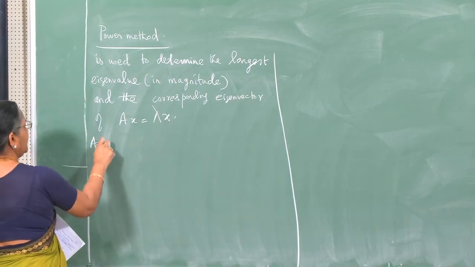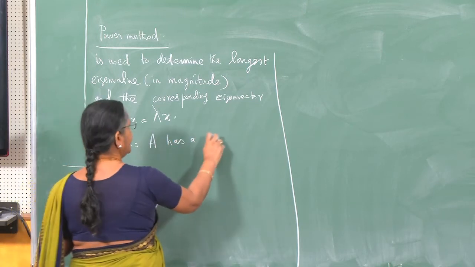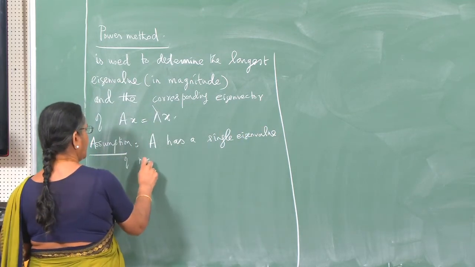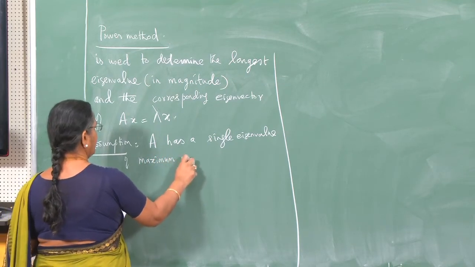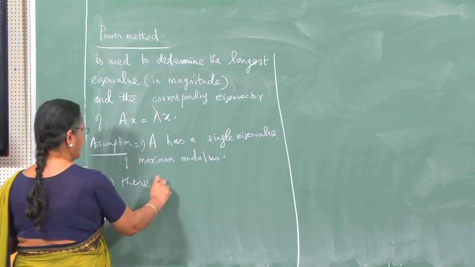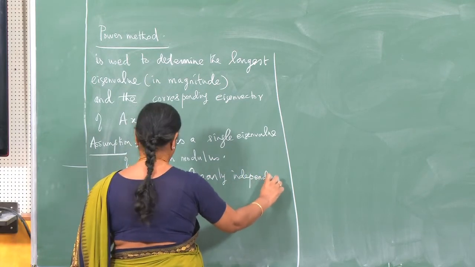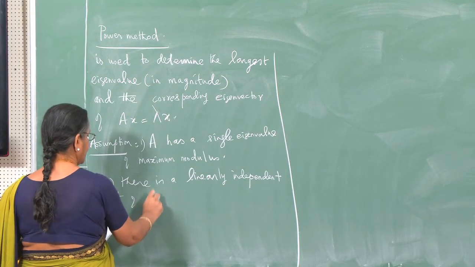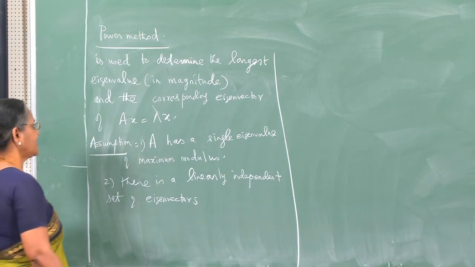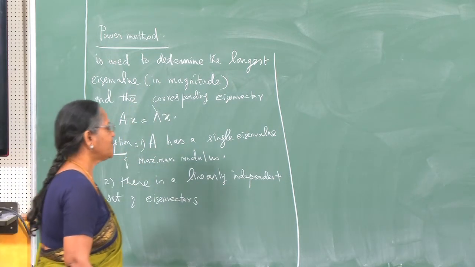So, the method is based on the following assumption, namely the matrix A has a single eigenvalue of maximum modulus, and that there is a linearly independent set of eigenvectors associated with the eigenvalues of the given matrix A. So, under this assumption we compute the most dominant eigenvalue of the given matrix.